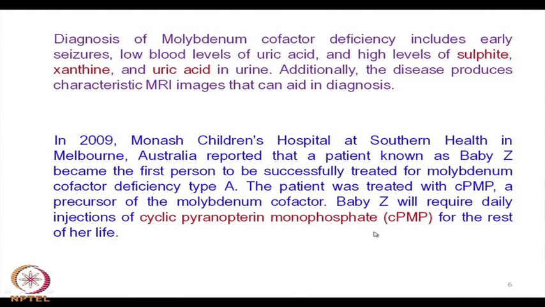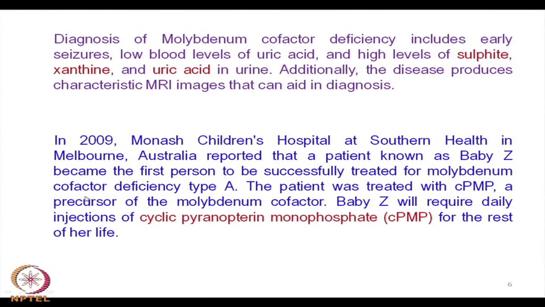So, if we have this in our body, then in Monash Children's Hospital in Australia people identified that one baby is treated with molybdenum cofactor deficiency type A. We consider all about iron deficiency, all other things that we may be deficient in, because these are very important.